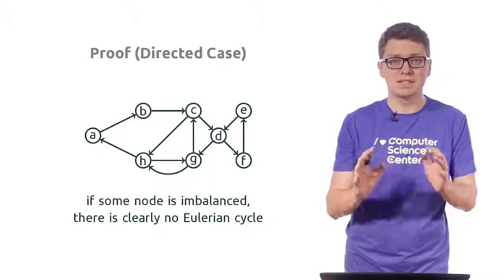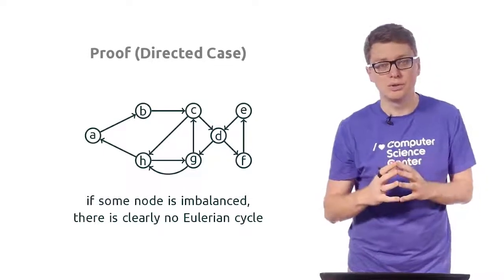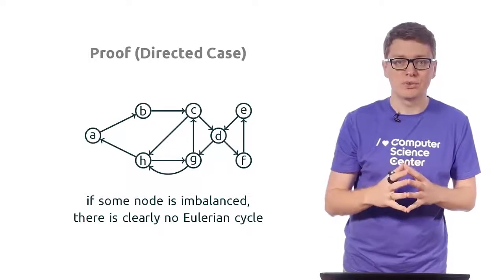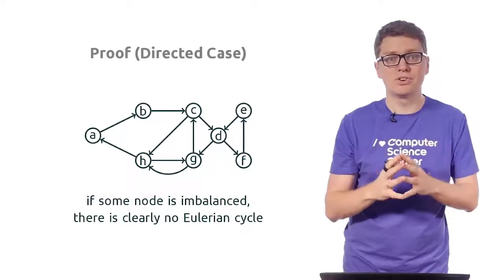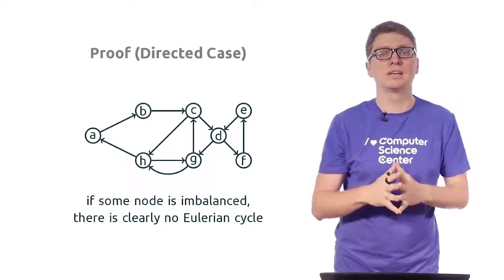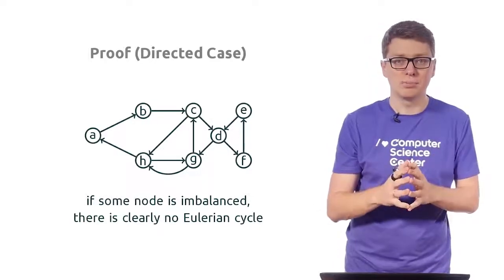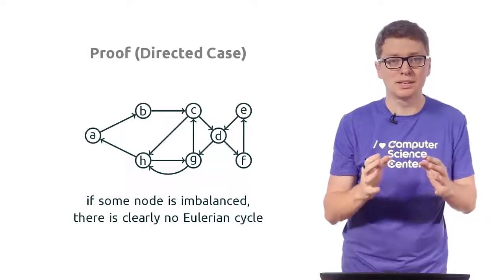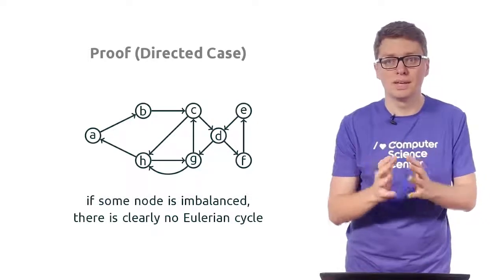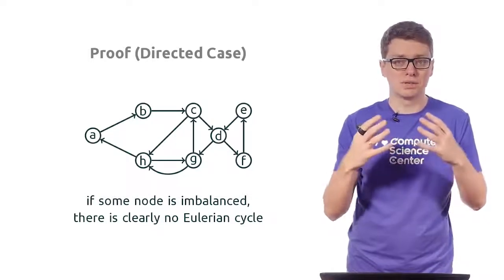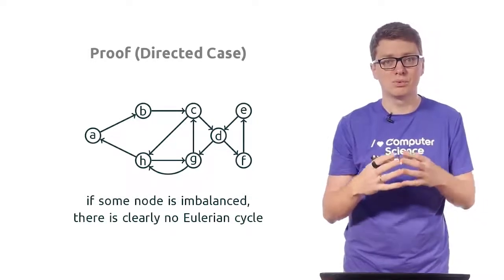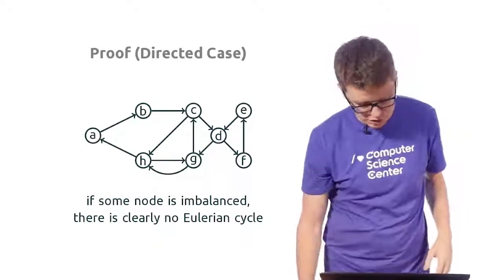And this is exactly the graph shown here on the slide. You can check that for every node here, its in degree is equal to its out degree. For example, for A, we have exactly one incoming edge and exactly one outgoing edge. For the node D, for example, we have two incoming edges. Let me show them.